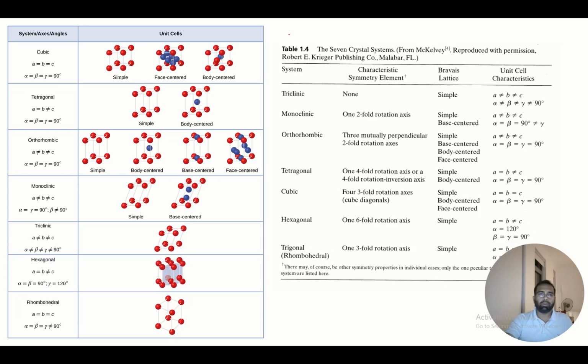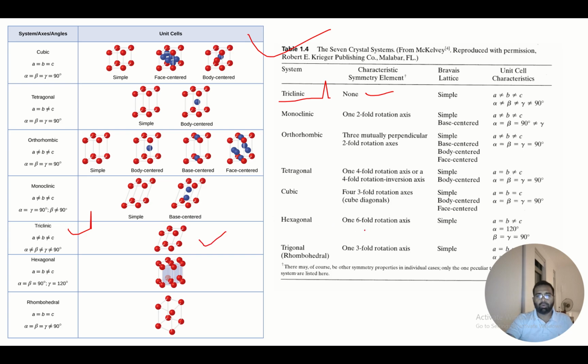On the basis of those symmetries, we got the 14 Bravais lattices, and here you can see triclinic. Triclinic doesn't have any symmetry, so it is found only in one.